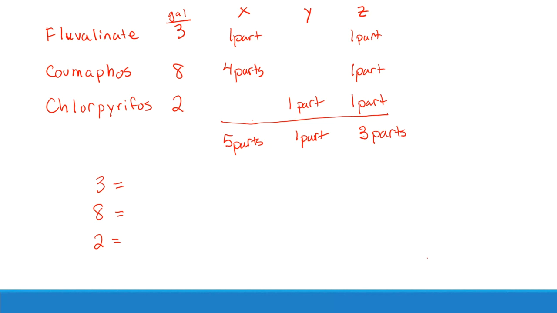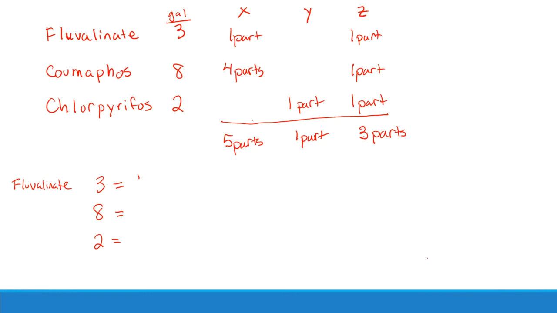So we're going to do an equation for each chemical. Our first equation is the fluvalinate. We're going to need 3 gallons total. And for spray X, it's 1 part out of 5.